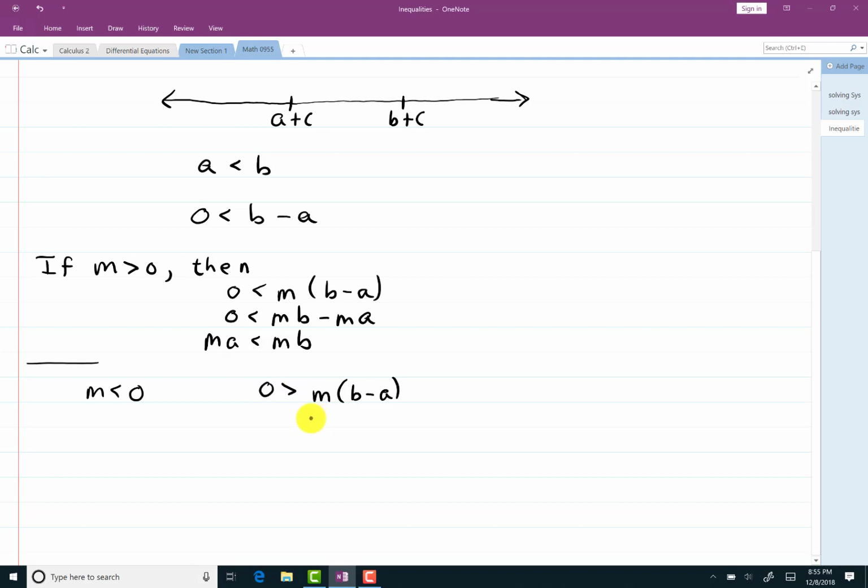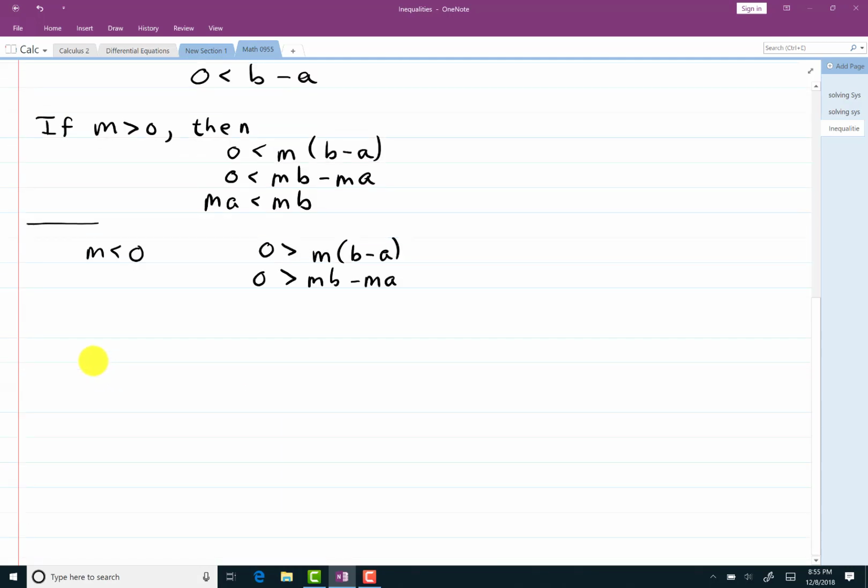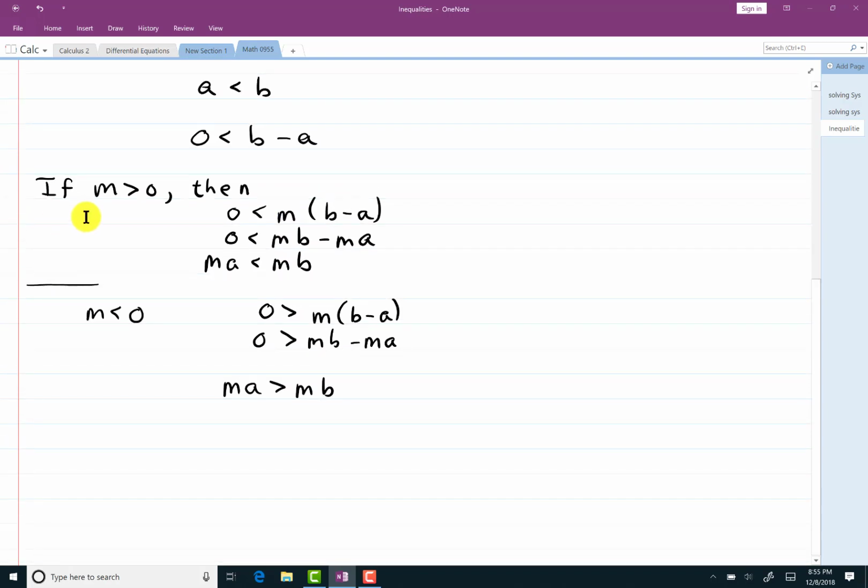So let me go ahead and distribute again. And I'll add MA like I did before. And you'll notice now that while it was the case that A is less than B, now if I multiply by a negative number, I see that MA is greater than MB. So the inequality switched.